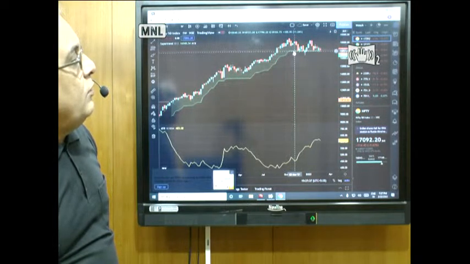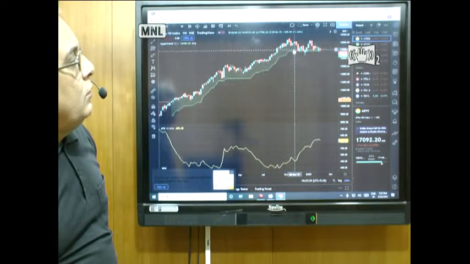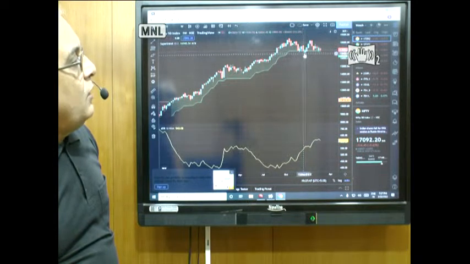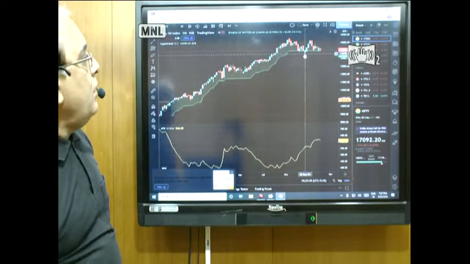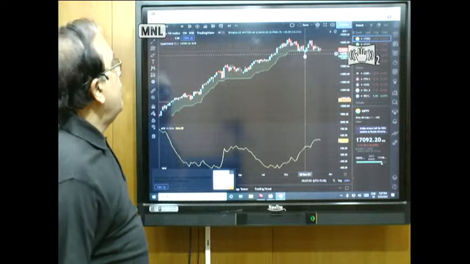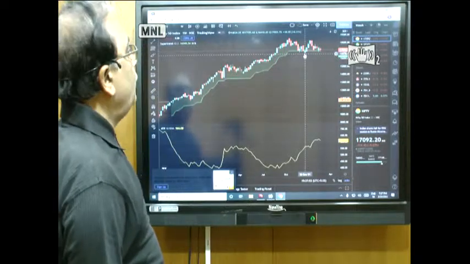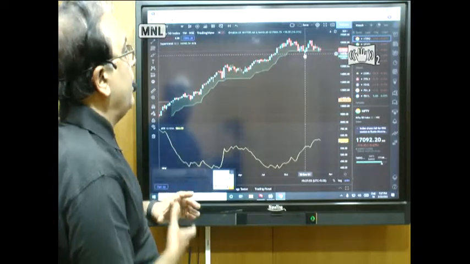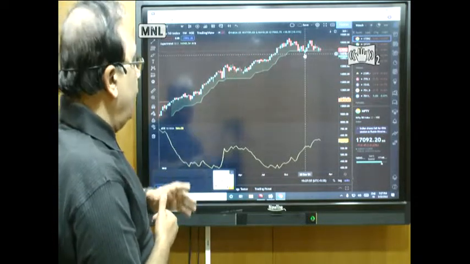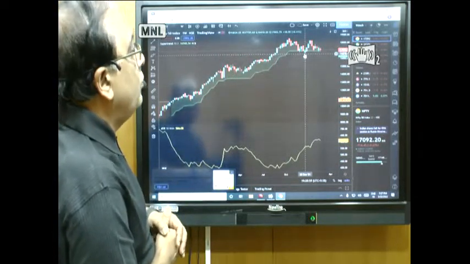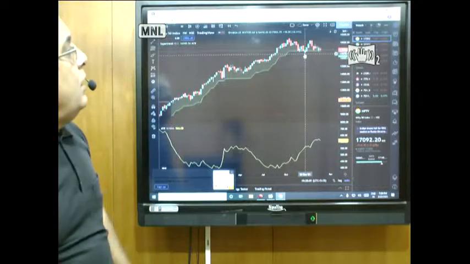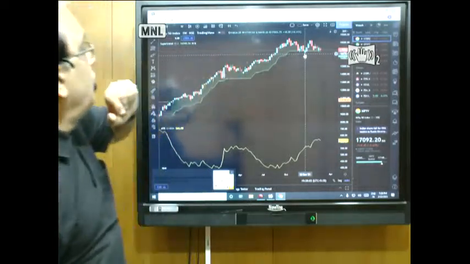That's where the finger is. So probably this close is a very clear case where it is above the super trend, and the super trend indicator is 16,948 on the day. And the close is definitely 17,003.